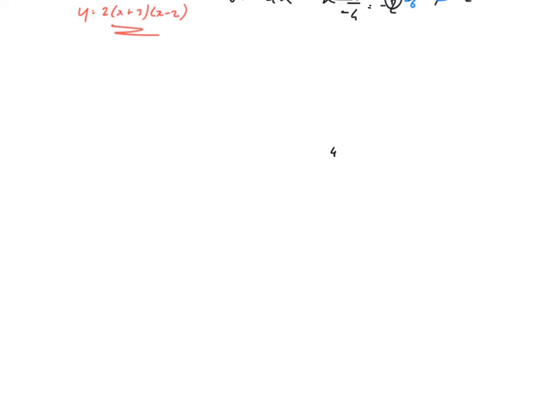Okay, let's try example 4. This time we've got a function that goes through the origin and then has another root at 3. I'm told that this point up here is (1, 12).